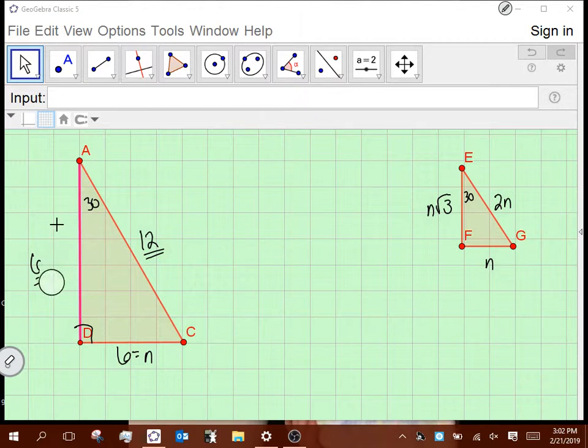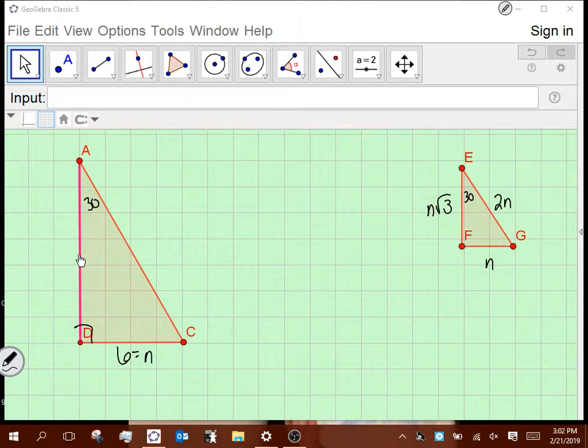What's nice about this is that if I wanted to use the Pythagorean theorem at the onset of this problem, can I? Can I use a squared plus b squared equals c squared to find the hypotenuse here or anything? How many things do you need to use a squared plus b squared equals c squared? You need 2, right? How many am I giving you right there? 1.